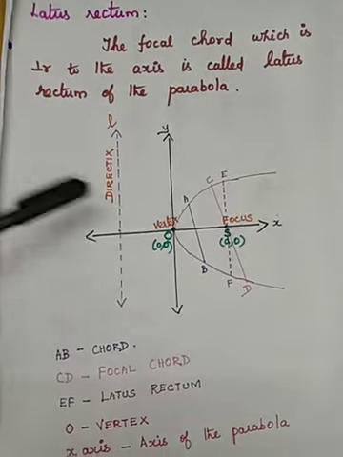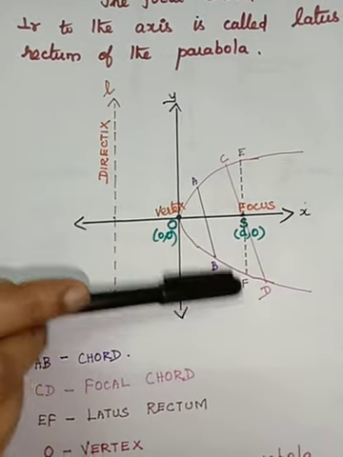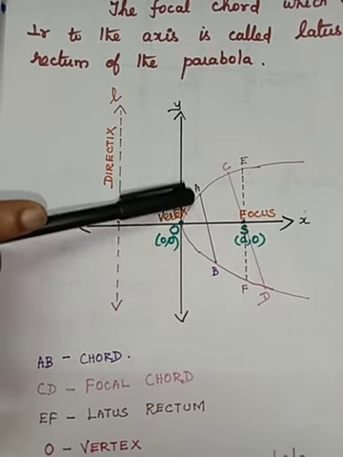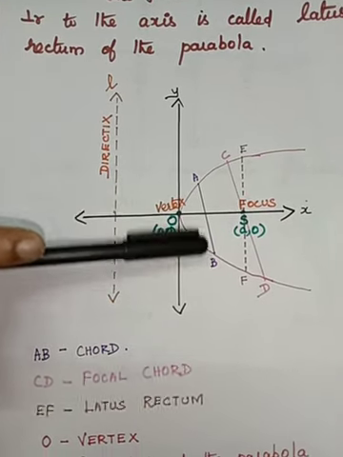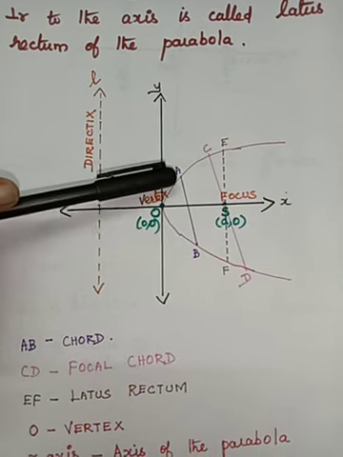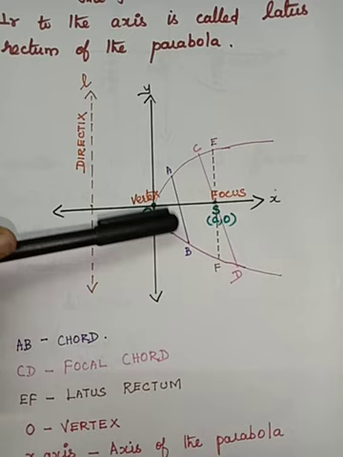You see here AB, CD, EF. I have drawn 3 chords. We'll see the difference now. Look at AB. AB means I have taken 2 points A and B on the parabola. So it is a chord, just a chord, because I am joining 2 points on the parabola.